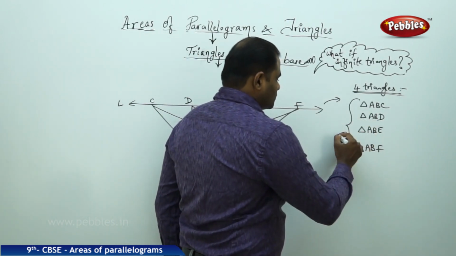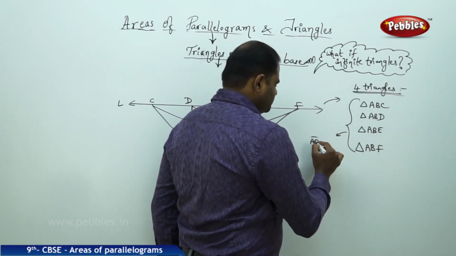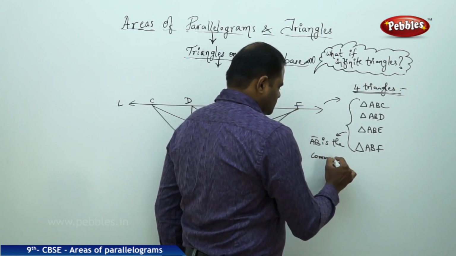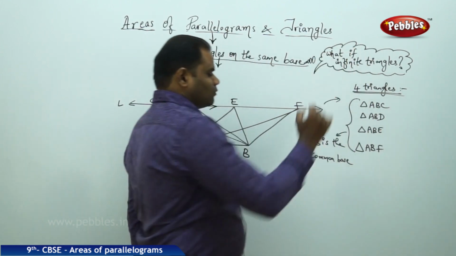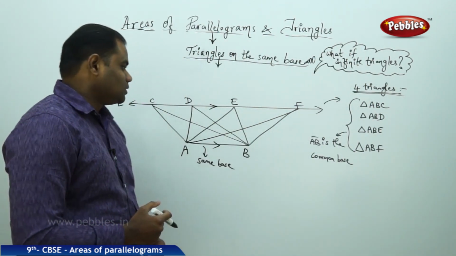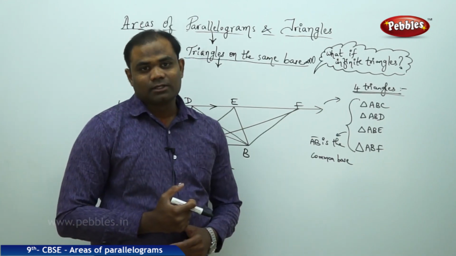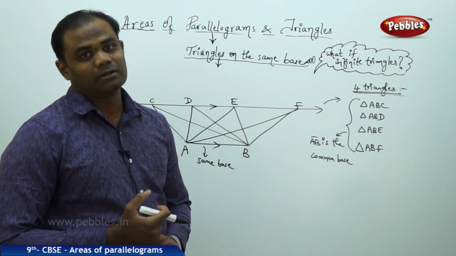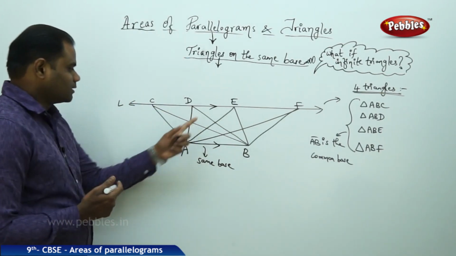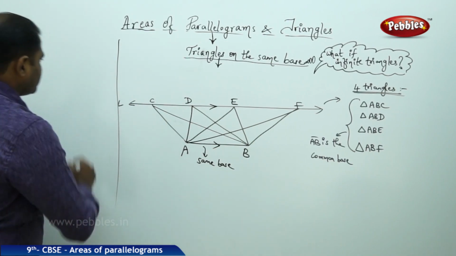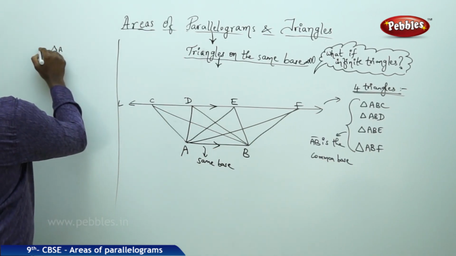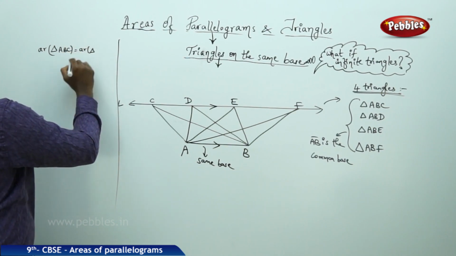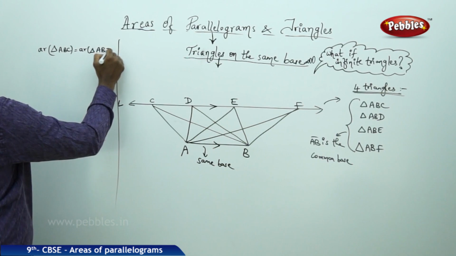Interestingly, for all these, AB is the common base for all the 4 triangles considered. So according to the property, 2 triangles on the same base and between same parallels are equal in area. So when I take the first 2 triangles, area of triangle ABC must be equal to area of triangle ABD.